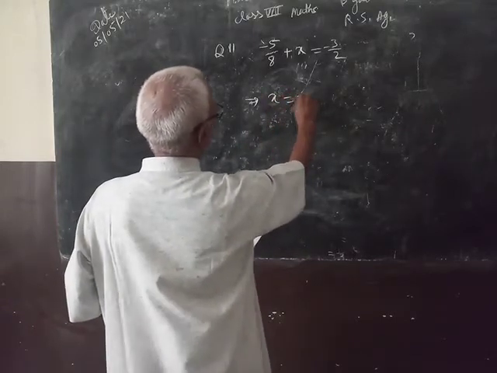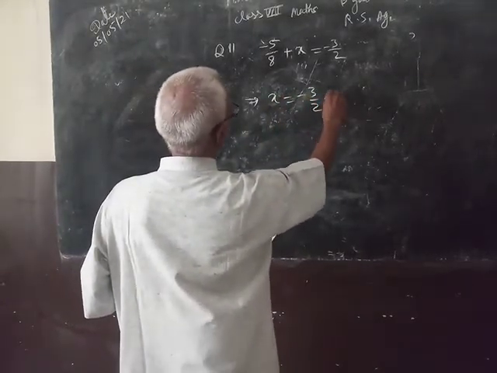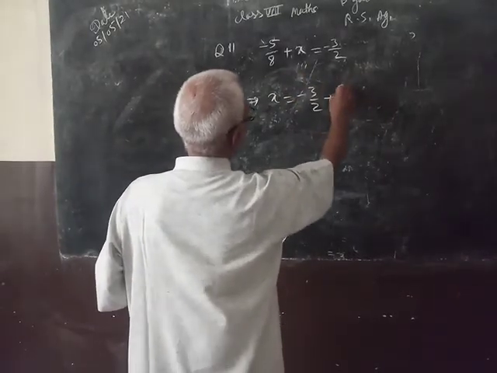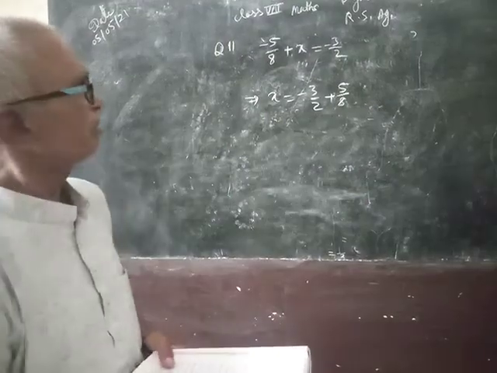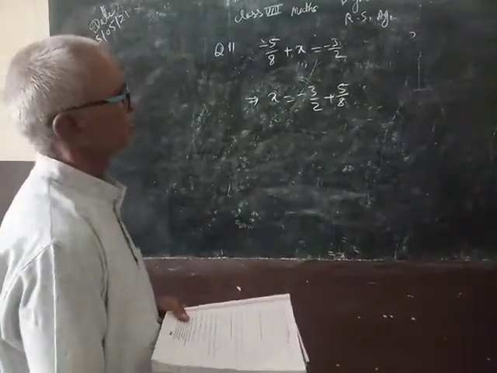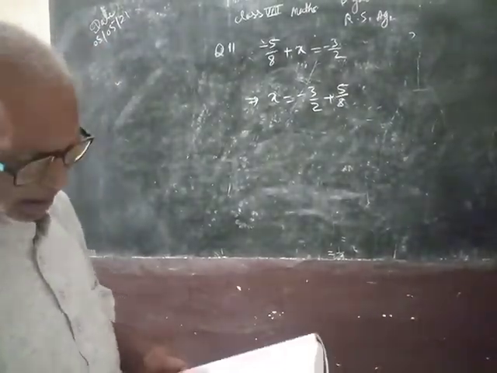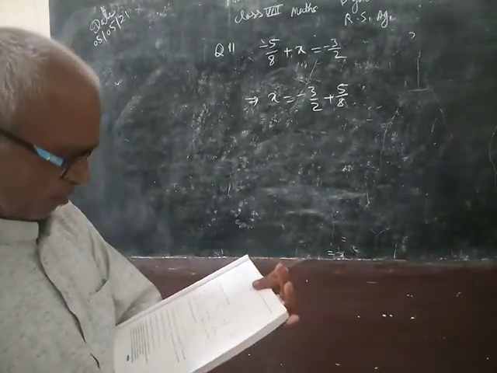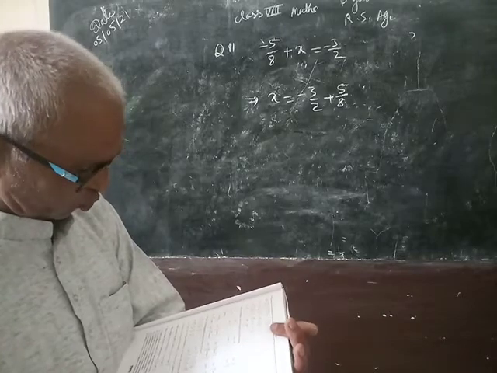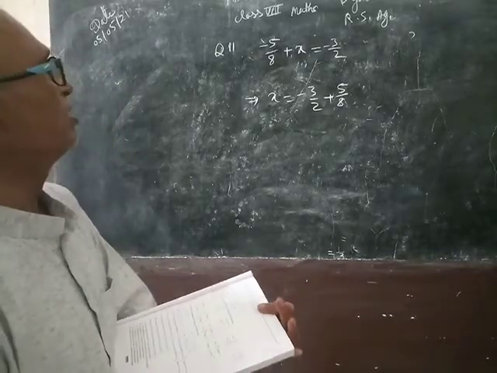So x is equal to minus 3 by 2. Minus 5 by 8 will go to that side, it will change its sign, becomes plus 5 by 8. Simplify it by taking LCM, you will get the number which should be added to minus 5 by 8 so that the sum becomes minus 3 by 2.